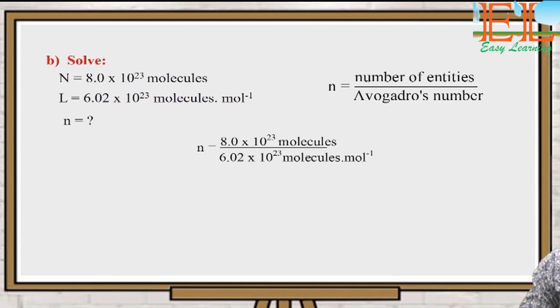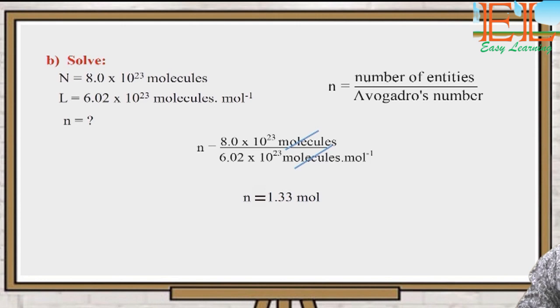Now you realize that the numerator and the denominator of one part of the formula contains molecules, so they can cancel out, and we'll get our final answer to be n is equal to 1.33 moles.